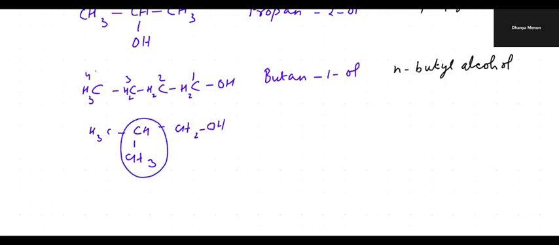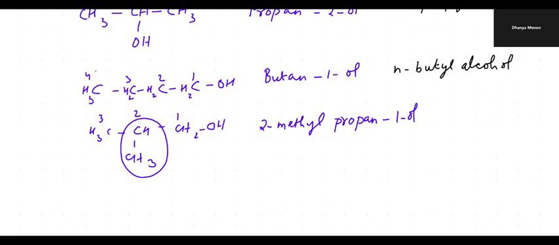So first we do the IUPAC name. So the carbon connected to the functional group gets the first position, 2, 3. So writing the substituent name first. What is the substituent here? 2-methyl propane. There's no triple or double bond. So 2-methylpropane-1-ol.